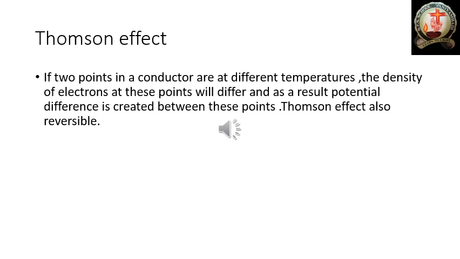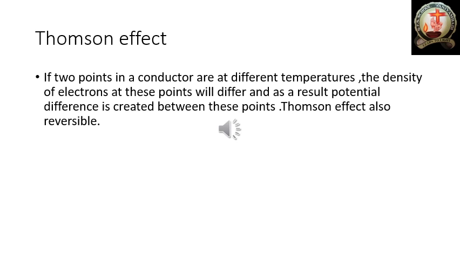Please see once again. If 2 points in a conductor, first of all you can consider one conductor, that conductor having two ends. So if 2 points in a conductor, the two ends you can consider as the 2 points.